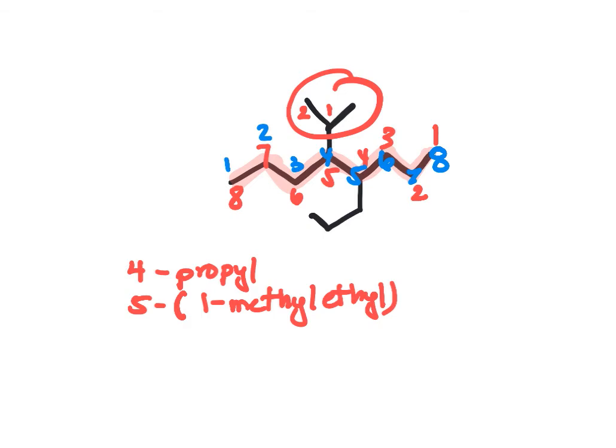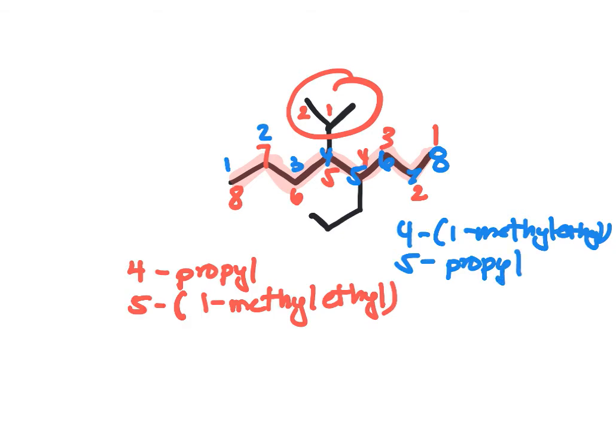In blue, if we were to number blue, it would be 4, 1-methylethyl, and then 5 propyl. Both give us a 4-5 substitution pattern, so we have to choose. We're going to go with path blue because of alphabetization. 1-methylethyl comes before propyl.